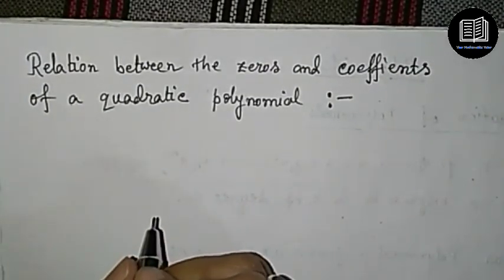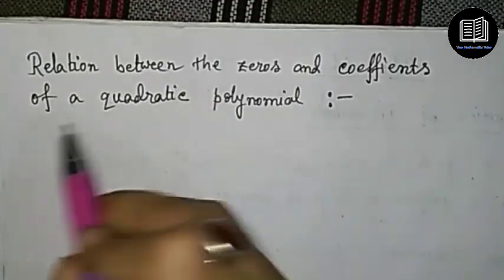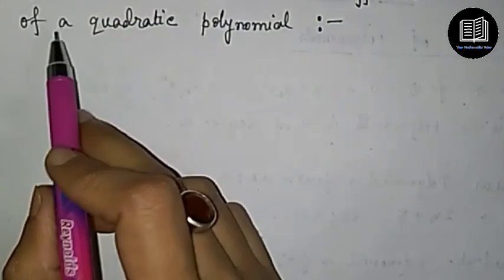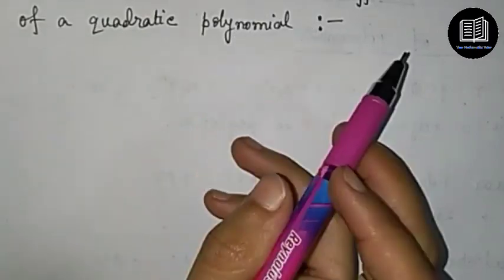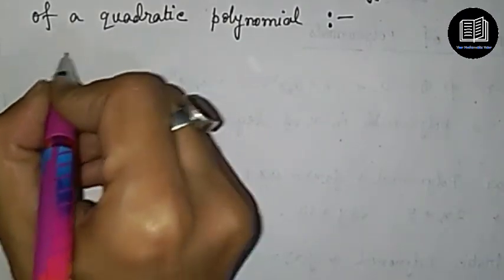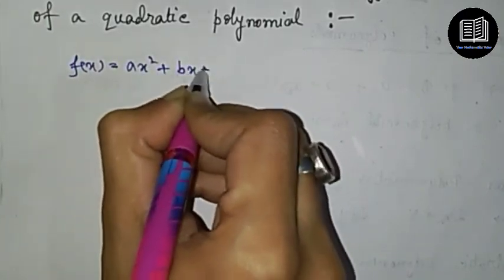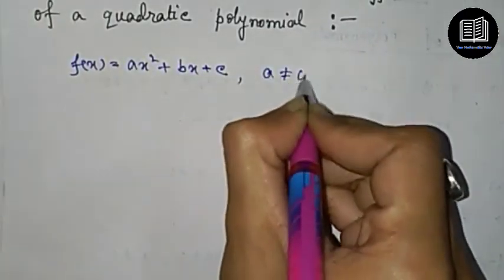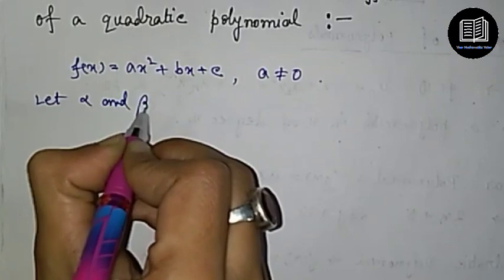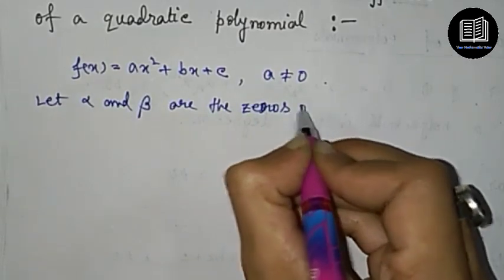This is the most important part of our today's session: relation between the zeros and coefficients of a quadratic polynomial. That means we have to derive the relation between zeros and coefficients of a quadratic polynomial. So first of all, take a quadratic polynomial. Suppose f(x) equals ax square plus bx plus c, where a is not equal to 0. This is a quadratic polynomial, and let alpha and beta be the zeros of f(x).